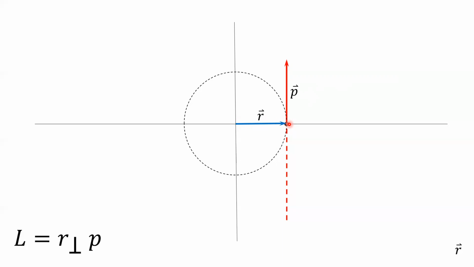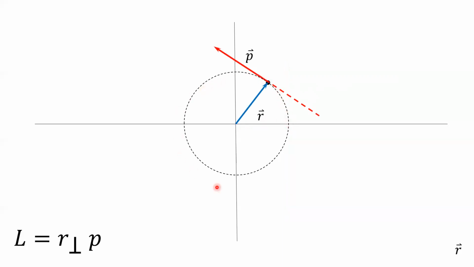It's simply the radius. Now, as you watch the particle go around a circle, the radius isn't changing. And if the linear momentum is constant in magnitude, and that's true if the speed is constant, then neither of these quantities changes. R perp is always just the radius of the circle, and p is just mv, where v is the speed that doesn't change in uniform circular motion.